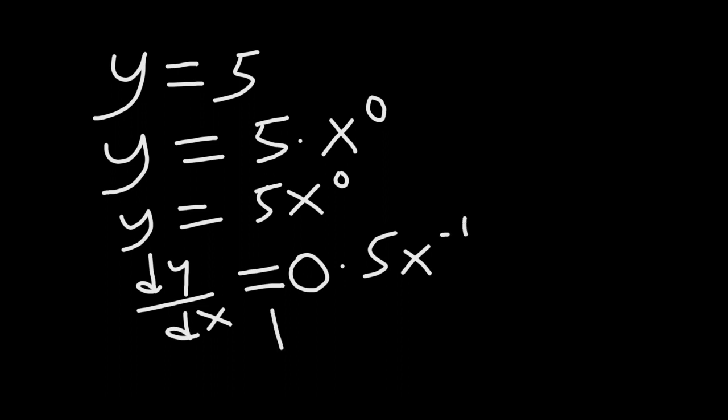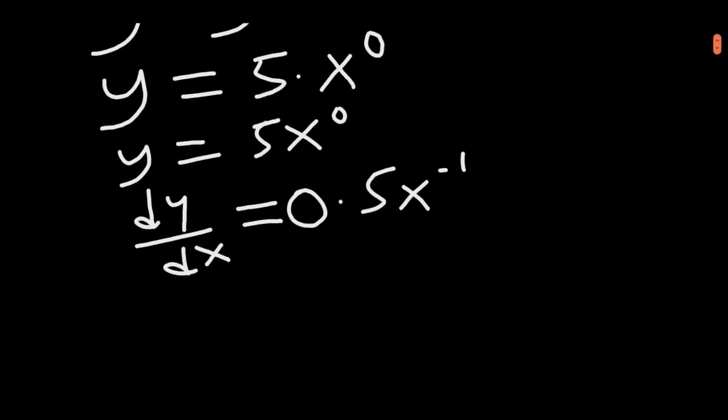So my dy/ds will give me 0 times anything, which is equal to 0. So anytime you differentiate a constant, you always get 0.